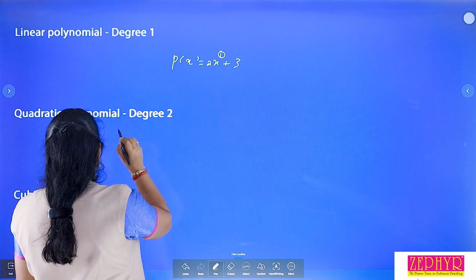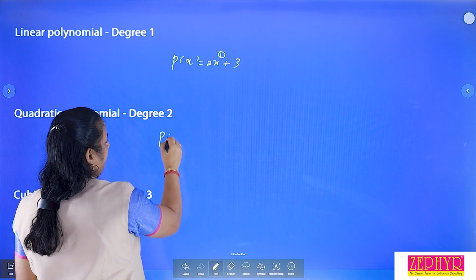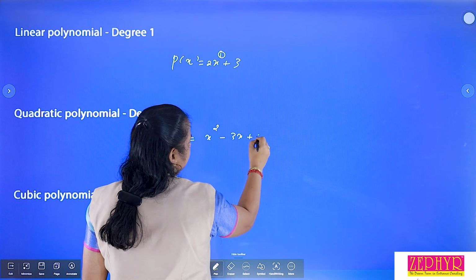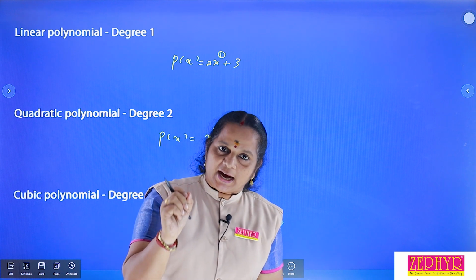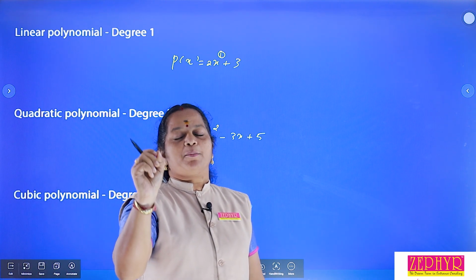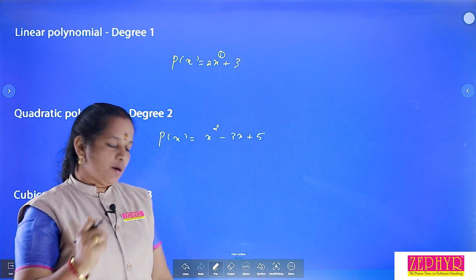Then the second type is the quadratic polynomial. Here degree is equal to 2, so p of x is equal to x square minus 3x plus 5 is a quadratic polynomial. If I draw the graph of a quadratic polynomial, it is always in the shape of a parabola. A parabolic shape represents the quadratic polynomial.